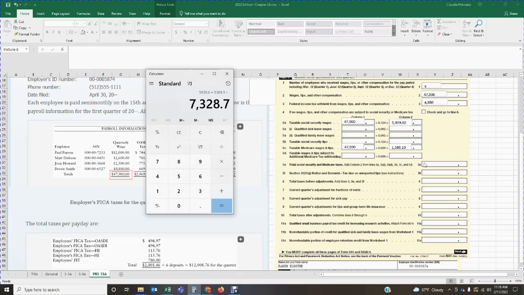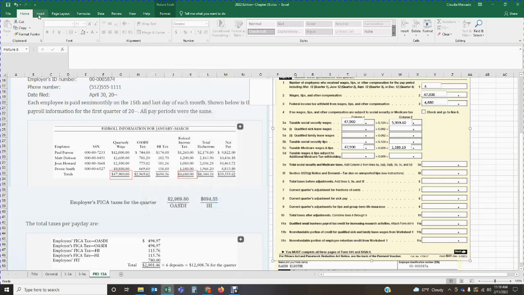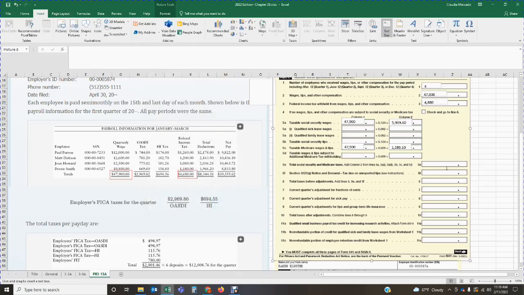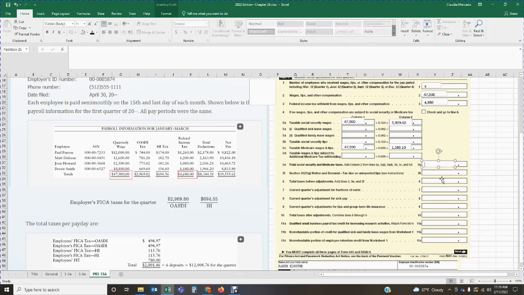Okay, we're going to enter that in line 5E. It says total Social Security and Medicare taxes. Add column 2 for those line items. So I'm adding everything in column 2, and I'm going to put that in line item 5E. And that gives me 7,328.70. Okay.